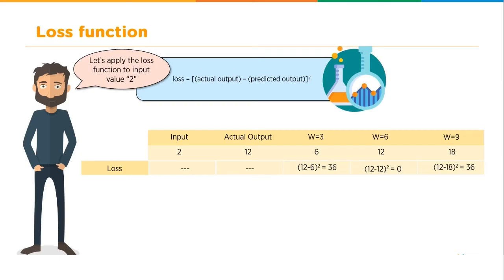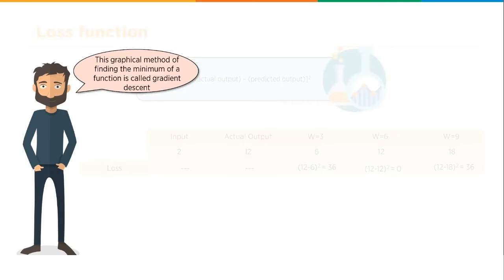You can see here with W equals 3, 12 minus 6 squared equals 36. So we end up with a loss of 36. W equals 6: 12 minus 12 squared equals 0, or 12 minus 18 squared equals 36. And so you can see we have a huge loss on W equals 3 and W equals 9.